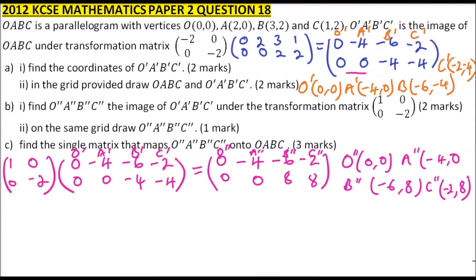Part C of the question, we are told to find a single matrix that maps OABC double prime onto OABC.